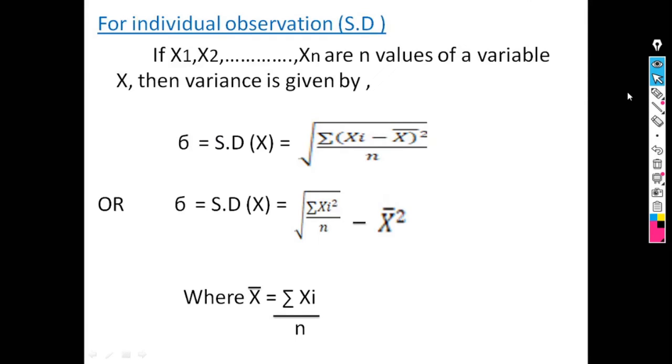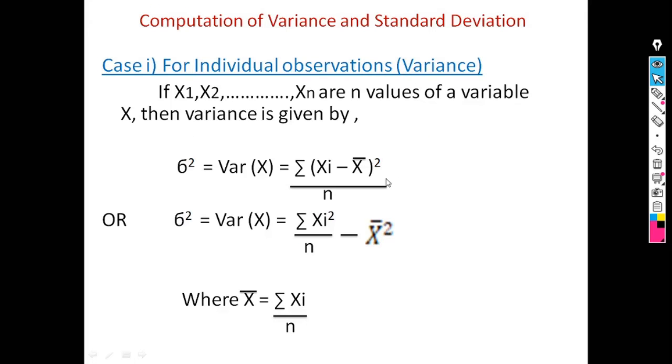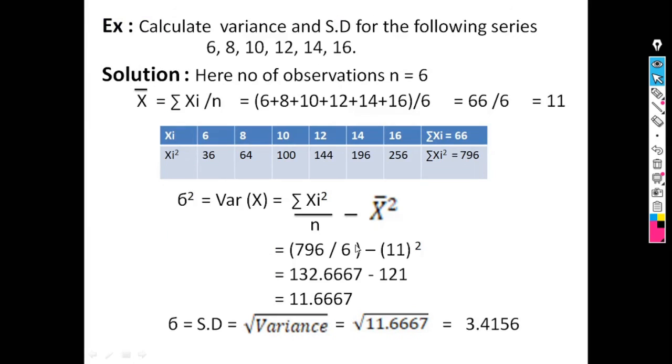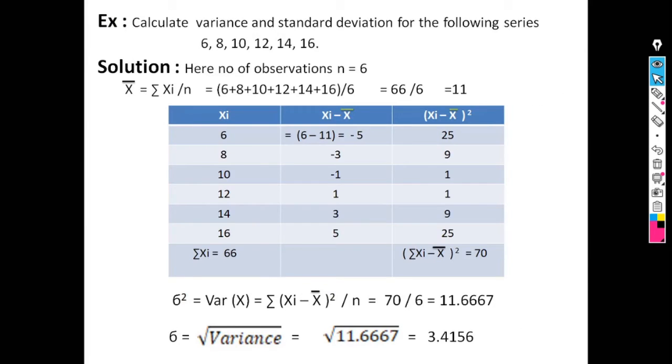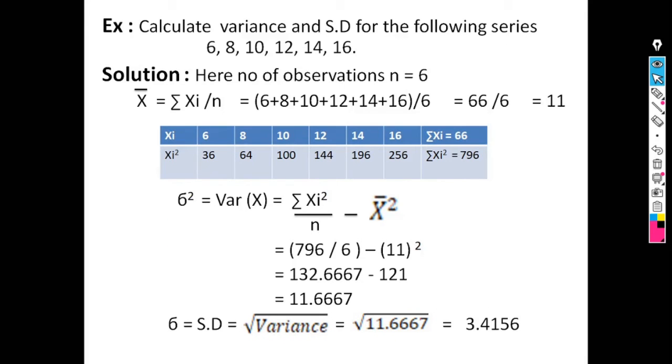Now here we used our first formula, summation of xi minus x bar square divided by n. We can solve another example by using this formula, summation of xi square by n minus x bar square. We can solve the same example using this other formula and check whether the answers are the same or not.